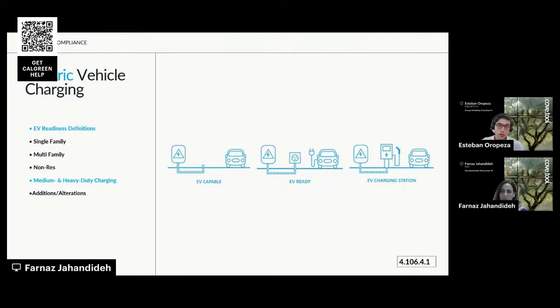But you don't need to label the spaces if the chargers are not yet provided. That would only happen if you already installed the chargers. Then you need to correctly label those to implement the use policy.